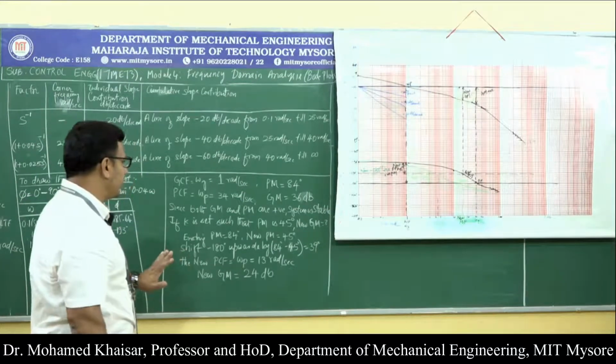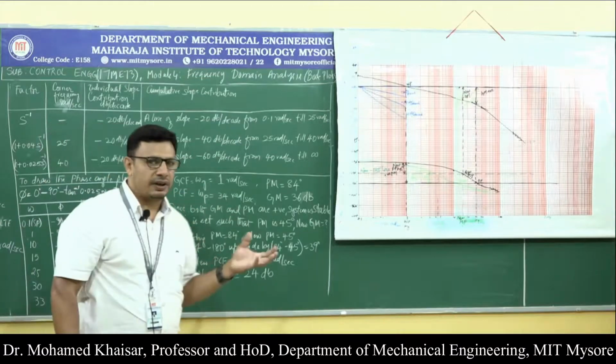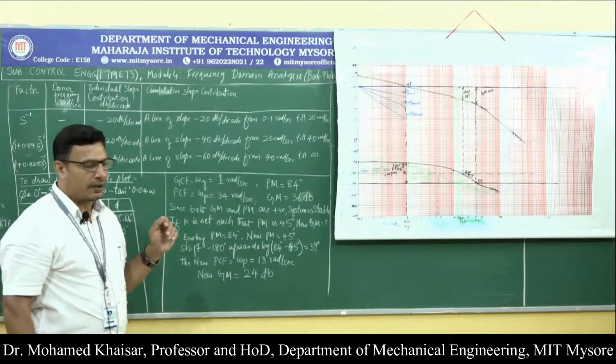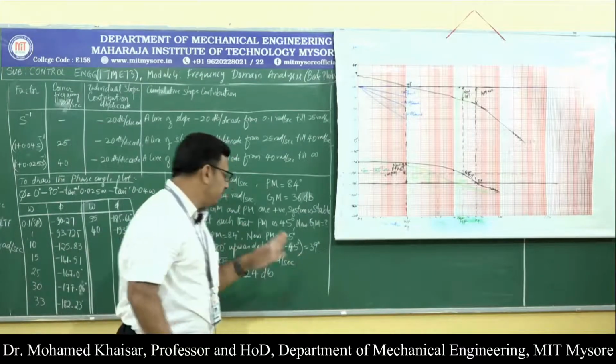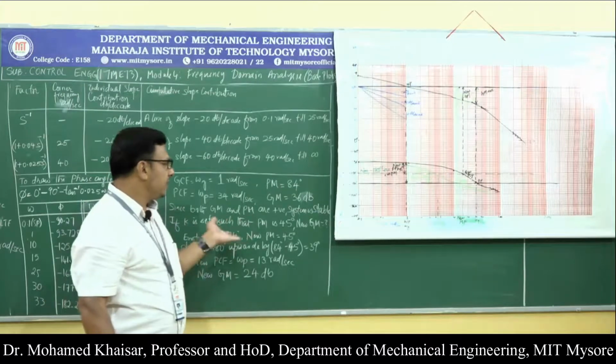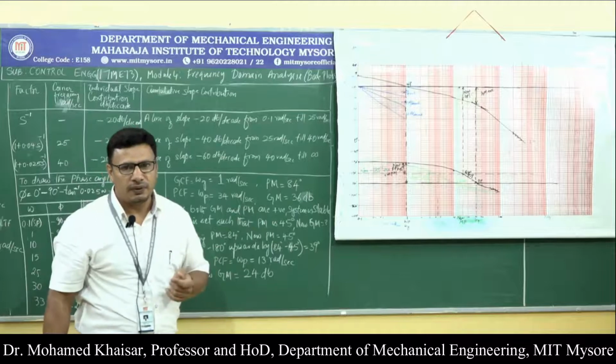The extension part of the question was, if the K value is set such that the new phase margin will be 45 degrees. The given problem had given us a phase margin of 84 degrees.